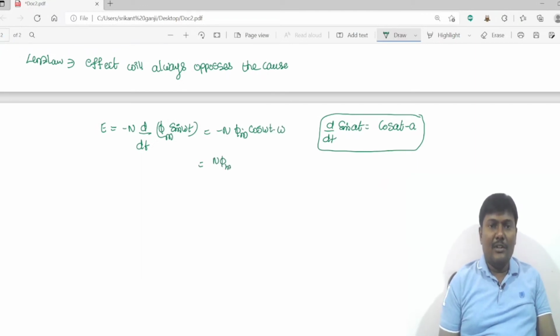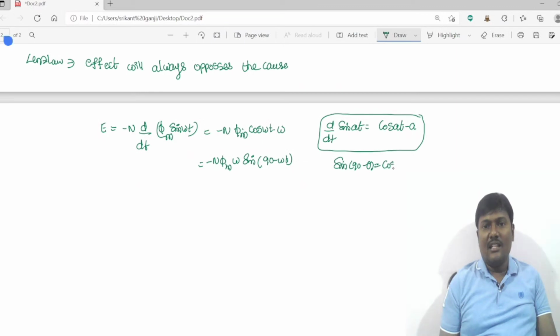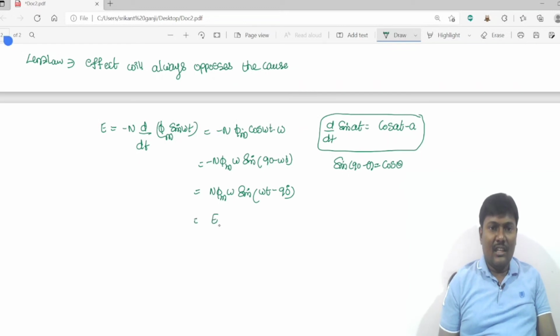So n into phi m into omega, we can write it as sine of 90 minus omega t. Sine 90 minus theta is equal to cos theta, and bringing the minus inside, n into phi m into omega sine of omega t minus 90 degrees. So this is E max sine of omega t minus 90 degrees.